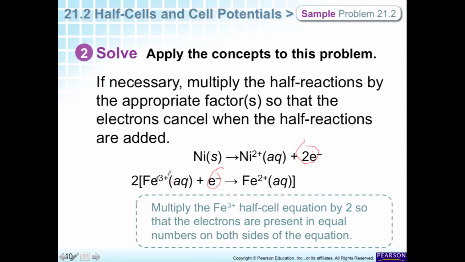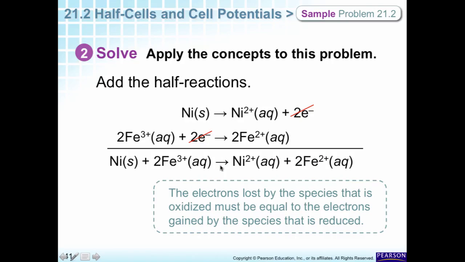So we'd have 2 Fe3+, and the electrons would cancel out. Then our equation is nickel metal plus iron 3+ gives us nickel 2+ and 2 iron 2+. It doesn't form iron itself, it only gains 1 electron, so it goes from Fe3+ to Fe2+.